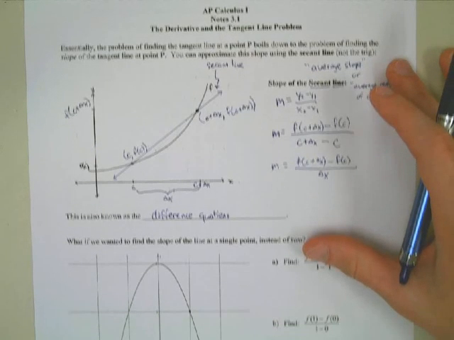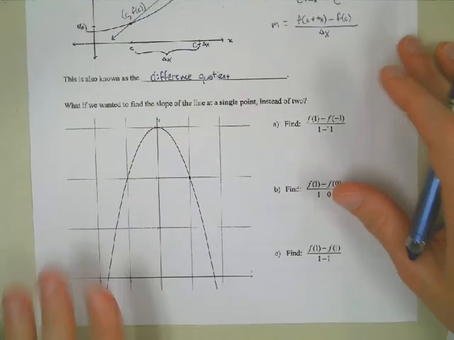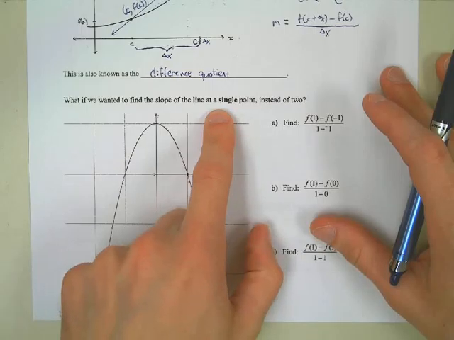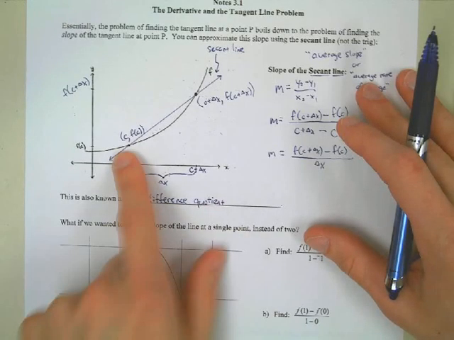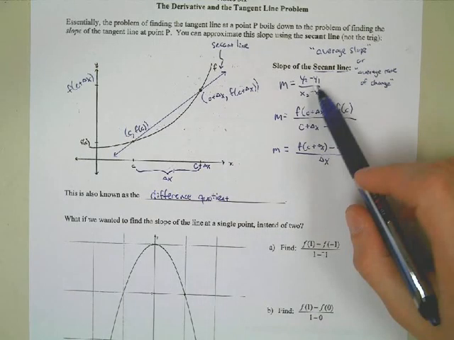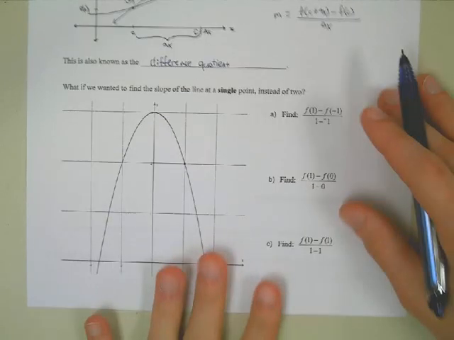So let's move on down here, and there's the question that I just asked. What if we wanted to find the slope of the line at a single point instead of 2? With 2, no problem. We have the slope formula, but how can we get the slope with only 1 point? We can't use our slope formula like that. So let's go to this.